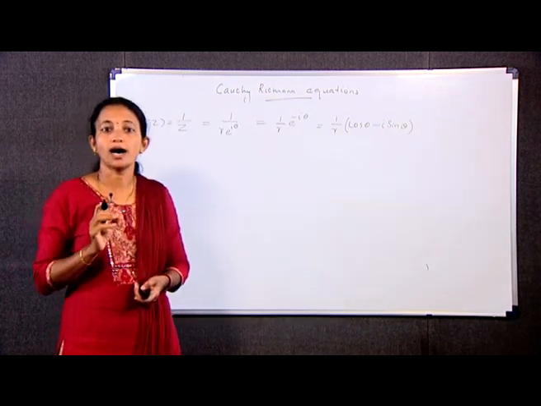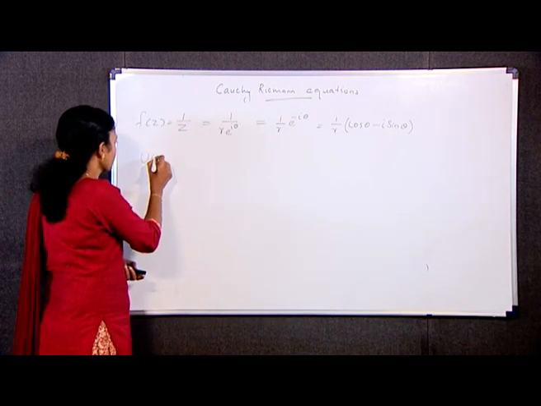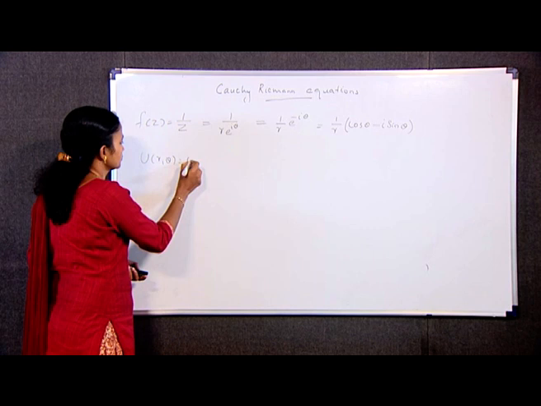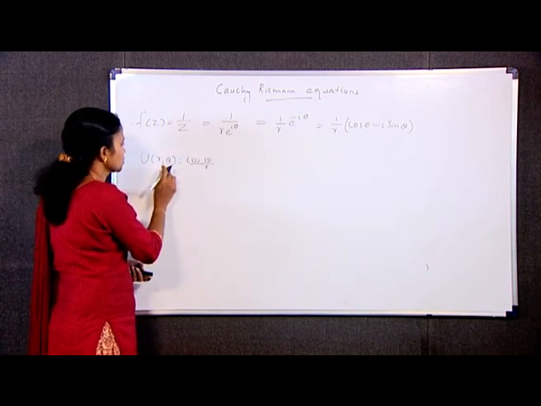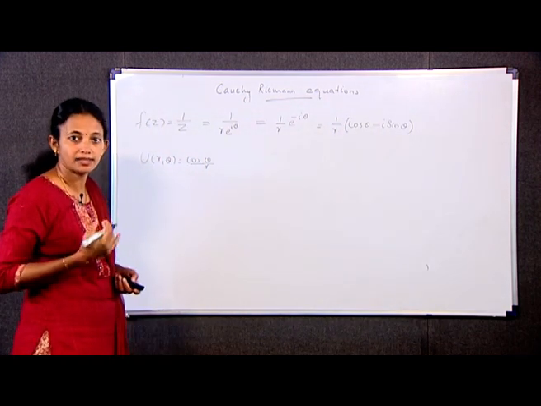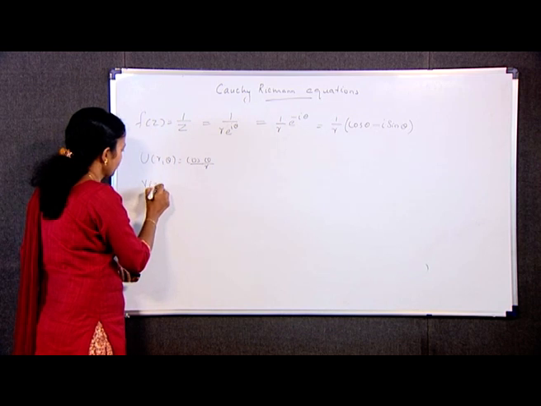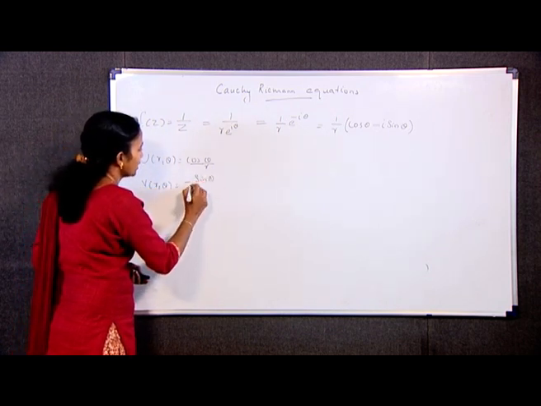Hence u r theta is cos theta by r and v r theta is minus sin theta by r.